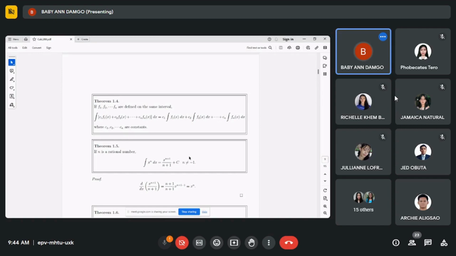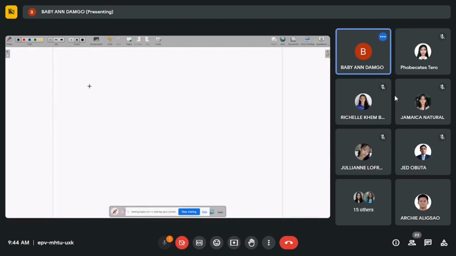So what we use here is the power rule, because the n here is a constant. Okay? So what is the formula for the power rule, class? The derivative of u to the n is equal to... from Calculus 1.